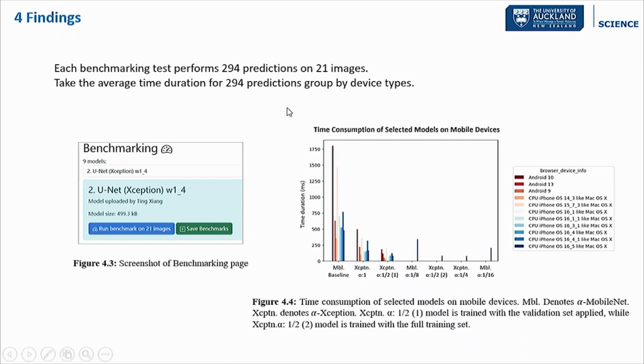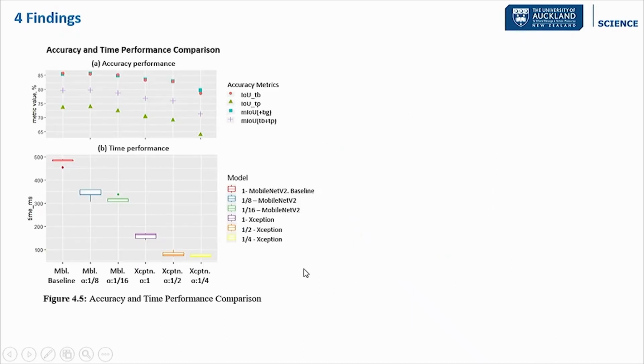Here we can see that the first group of data is from the baseline model, and compared to the baseline model, all of the proposed models actually show a significant improvement in time performance. And the right four models here were proposed in a later phase in our project, and all of their data were collected on the same device. We will have a more detailed analysis in the next slide.